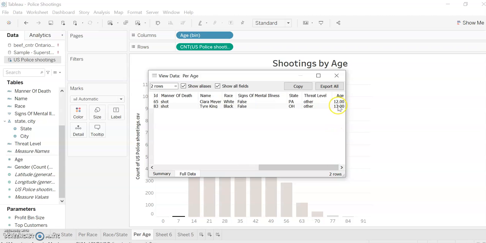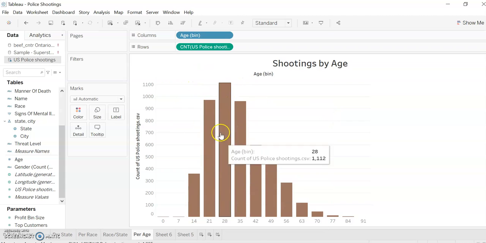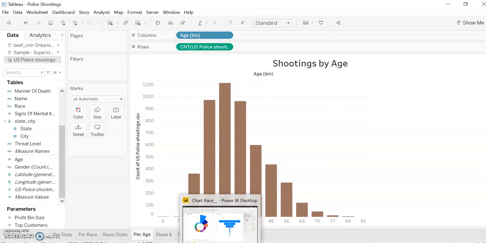Yeah, 12 and 13 years old. So between 7 and 14, that's what you have there. Then we see that from 21 to 35, we have the highest number, over 3,600 in this age group. Those are the analysis I did with Tableau, and I'll quickly move on to Power BI.